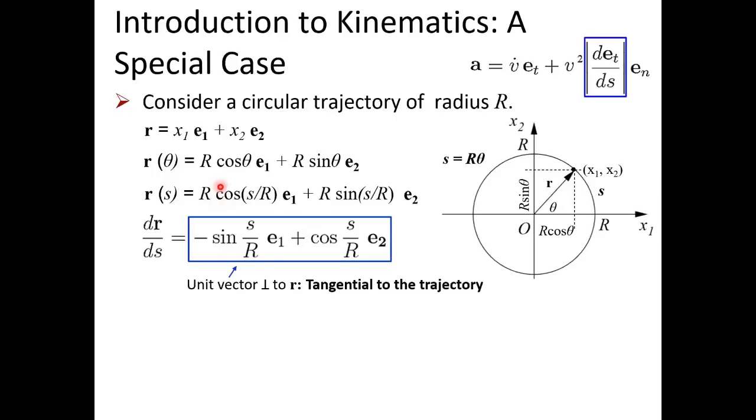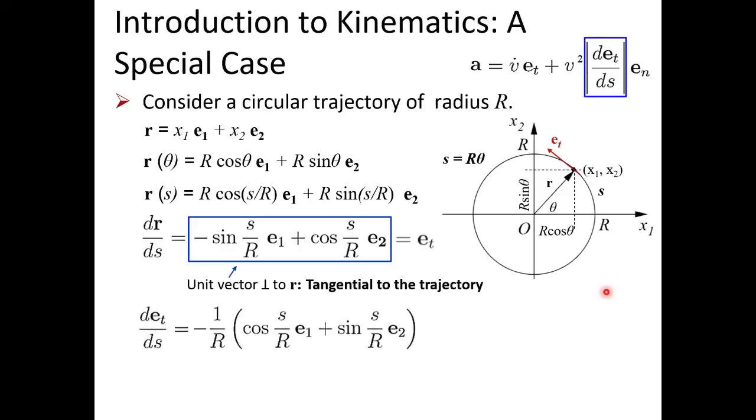If you take the dot product between this one and this one, the cosine and sine terms, minus here and plus here, cancel each other. Therefore, the dot product is 0, so it is definitely perpendicular to r. So dr over ds is a tangential vector to the trajectory, and it is a unit vector. Therefore, that is our Et.